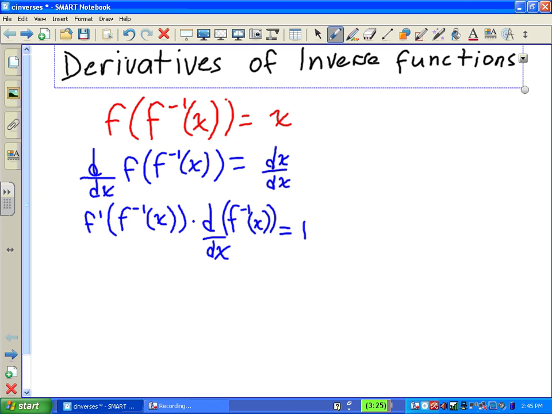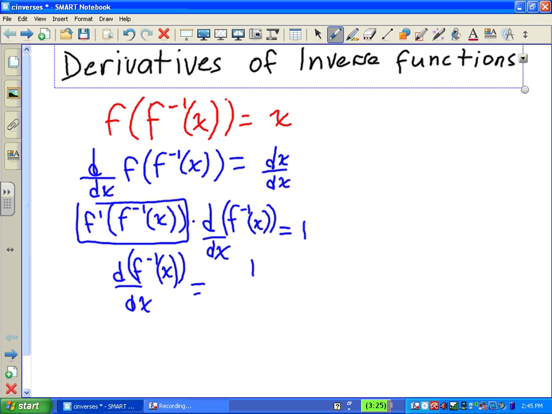So now if we divide this term on both sides, we get the derivative of f inverse of x with respect to x equals 1 over f prime of f inverse of x. And this is for any inverse. So let's make a little box around that because we're going to use that.